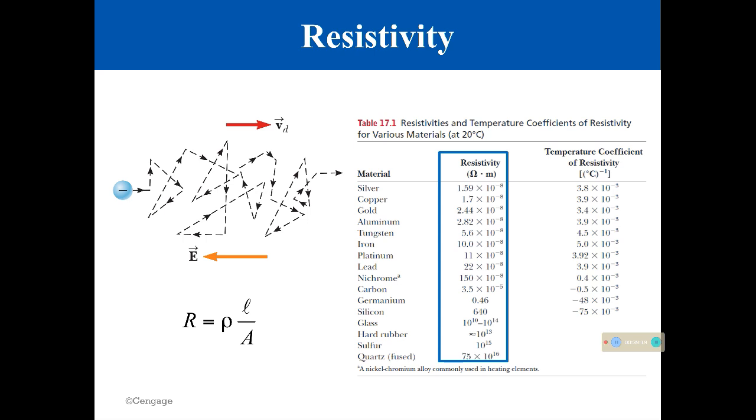Iron is at times 10 to the negative 8, as you would expect. As a matter of fact, all of these metals at the top right here are at times 10 to the negative 8. Carbon actually can be a decent wire relative to air, not relative to other metals. It's times 10 to the negative 5th, which is not bad, but it's 1,000th as good as the others, so let's definitely use the others if we get the chance.